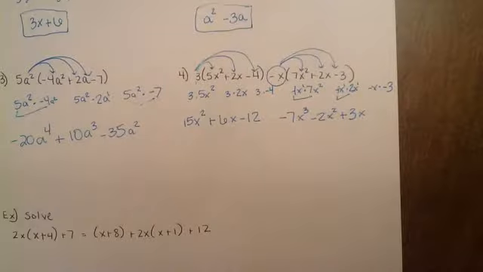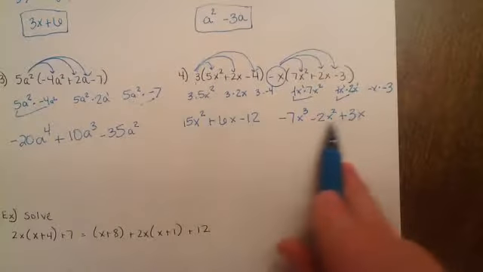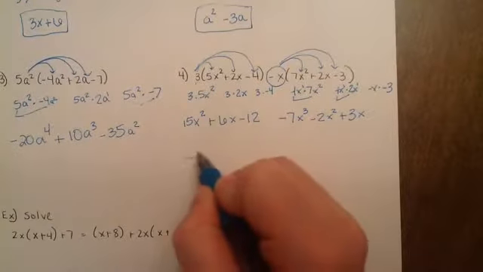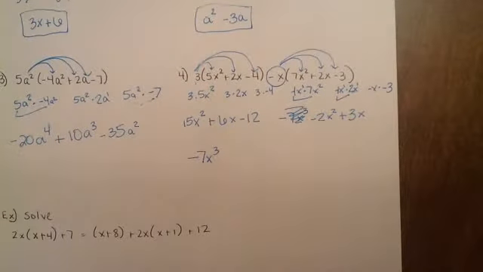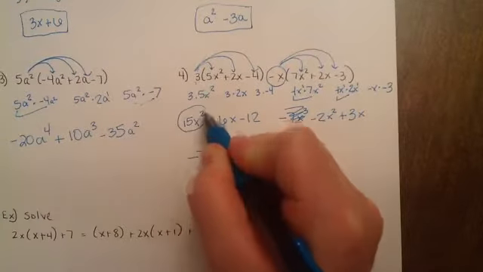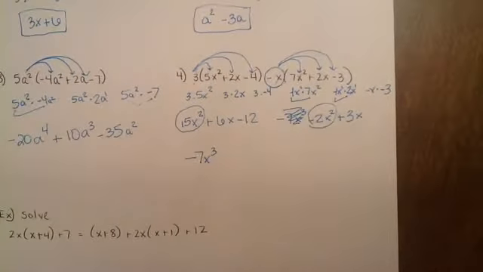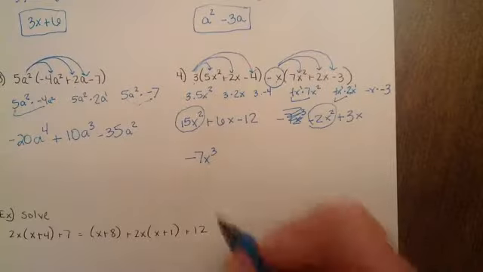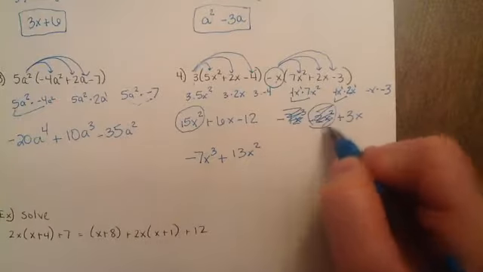Combine pieces that match. And we should always start with the highest exponent. So our highest exponent here is x cubed. Are there any other x cubes to go with it? Nope, so it comes first. What is my next exponent? X squared. So I have 15x squared and what else? Minus 2x squared. 15x squared minus 2x squared is positive 13x squared.